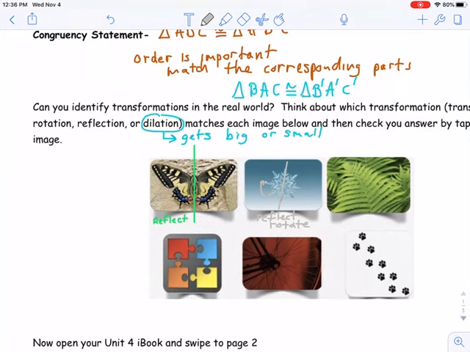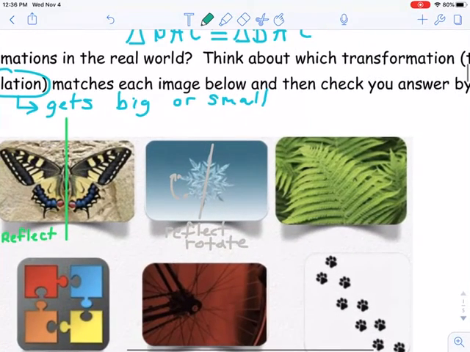This next one right here is a little tricky, but these leaves are supposed to be the same each and every time. So you're just translating, you're just moving the leaves. So it's a translation. Also, since they're getting a little smaller, you could say dilation. Look how this one's way smaller.